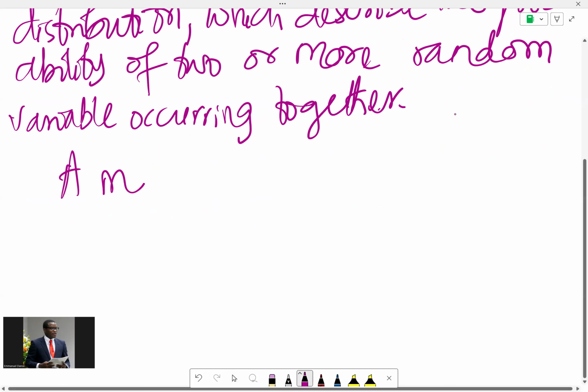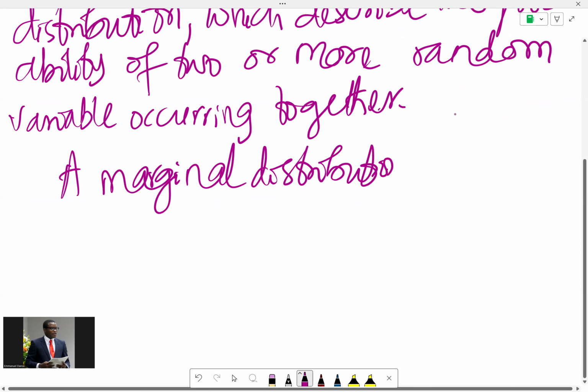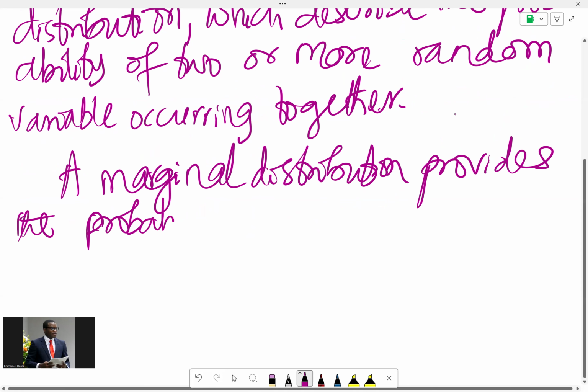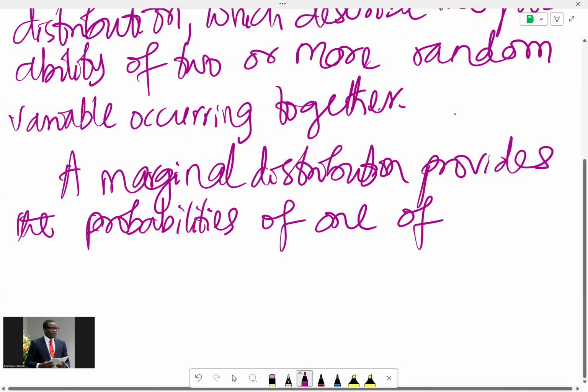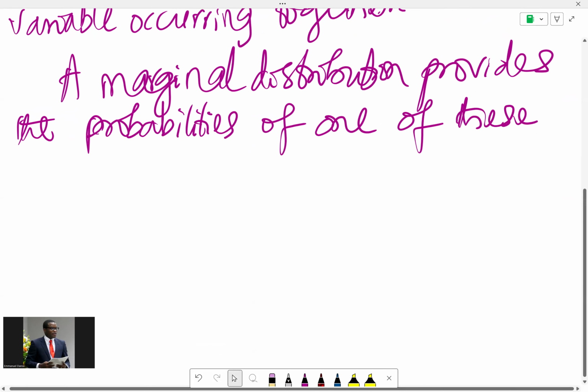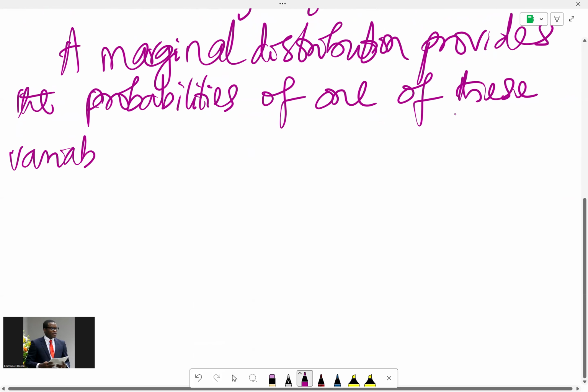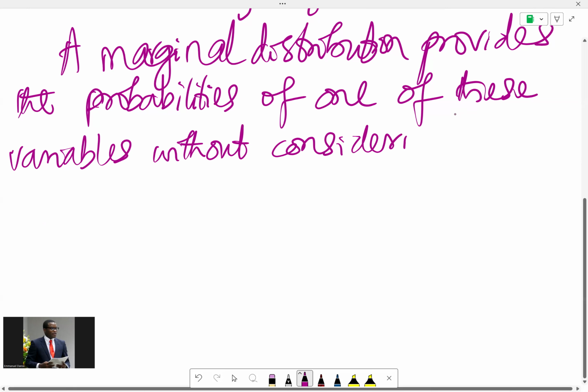A marginal distribution provides the probabilities of one of these variables without considering the others.